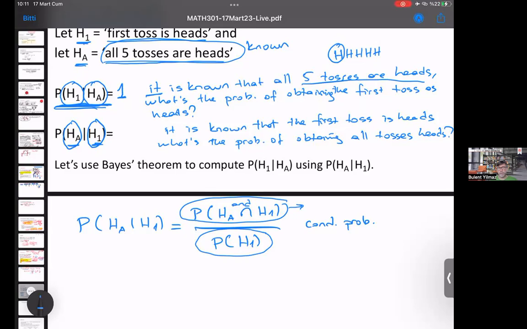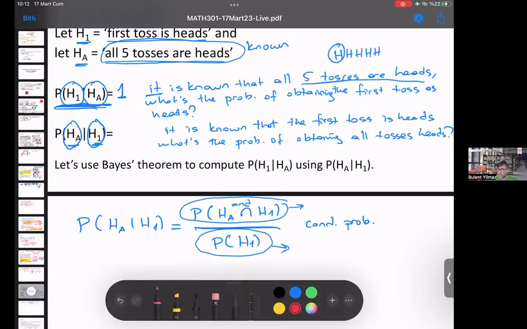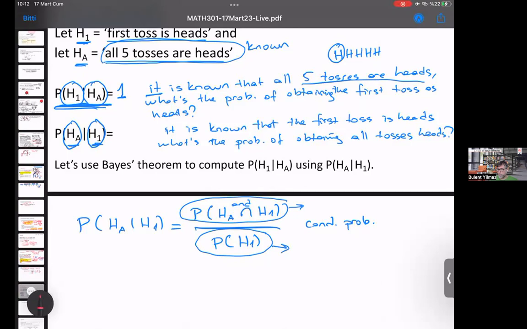What's the probability of the first toss being heads and all tosses being heads?